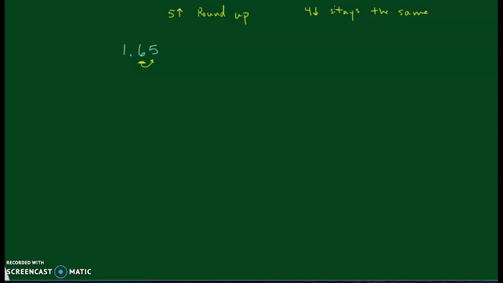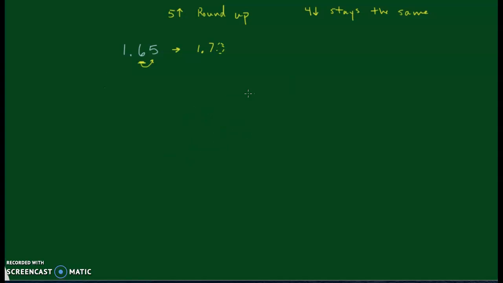I like to say stays the same. So since this is a 5, this number is going to round up. So 1 and 65 hundredths would round to 1 and 7/10. If you'd like, you can also put a 0 here, but it's not necessary for a decimal.